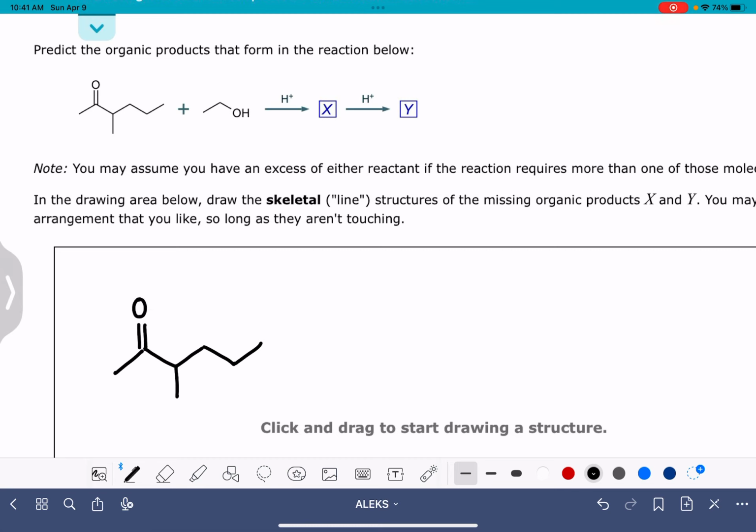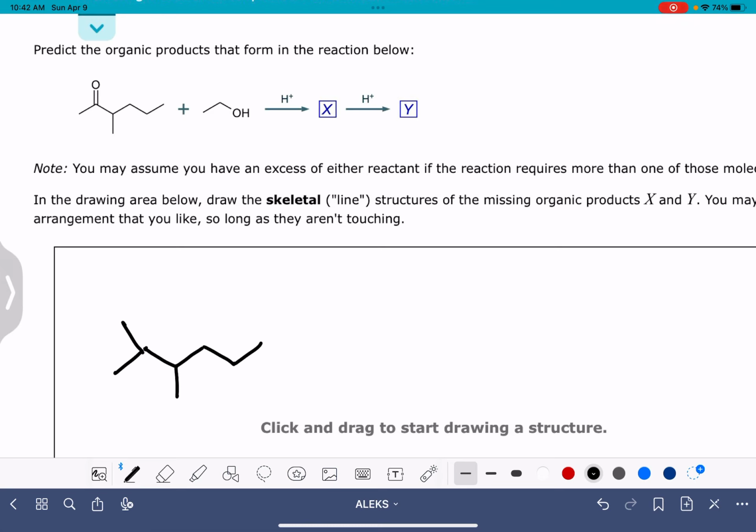It could be a ketone, or you could be starting with an aldehyde, which would have a hydrogen right here. In the formation of the first molecule, the hemiacetal, the way the reaction works is the carbon-oxygen double bond splits into two carbon-oxygen single bonds. So I'm going to redraw that.